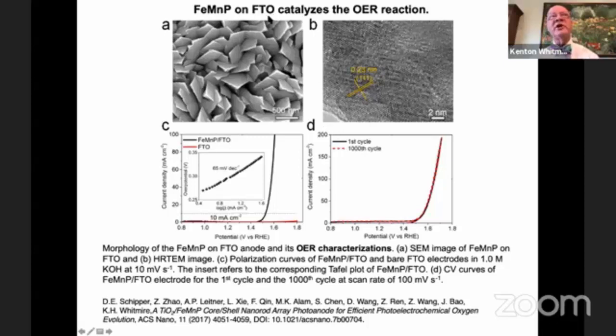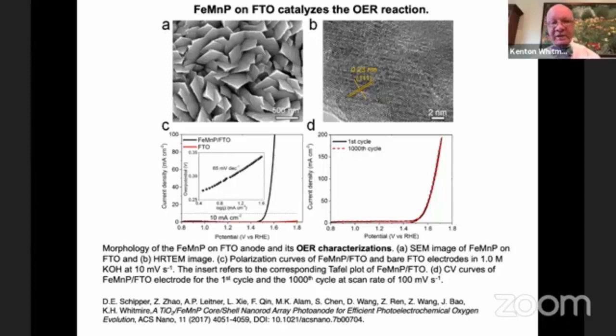This is on fluorine-doped tin oxide. And so what we think is happening here is the FeMnP is a conductive material, and it forms a nice interface with the FTO. And then a very small layer of metal oxide is forming on the surface of the FeMnP to give us a highly active oxygen evolution catalyst for this particular part of the process.